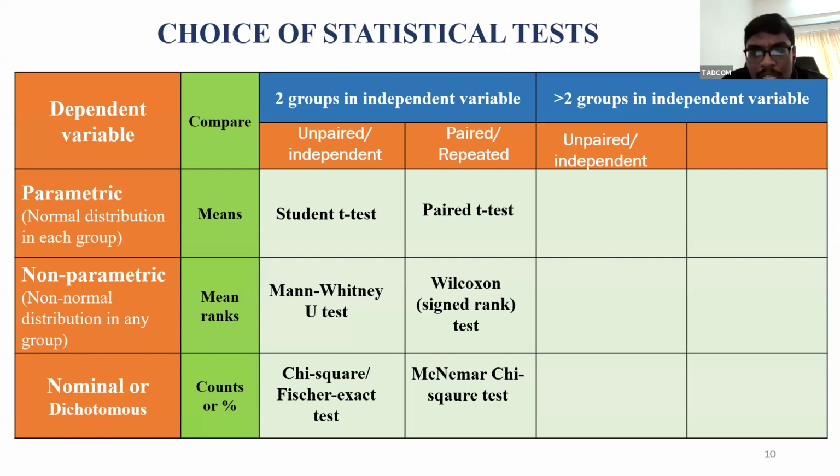Same way as I told, the outcome variable is cholesterol and we have three age categories.